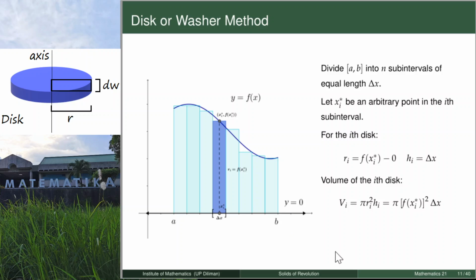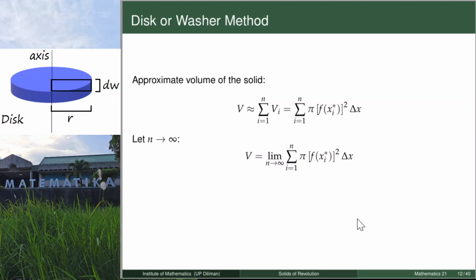So in other words, to get the actual volume, we will just let n go to infinity, okay? So that we will have infinitely many disks that are very, very thin. Therefore, we obtain the actual volume of the solid. So, we let n go to infinity, okay? And mathematically, we just write it in this way.